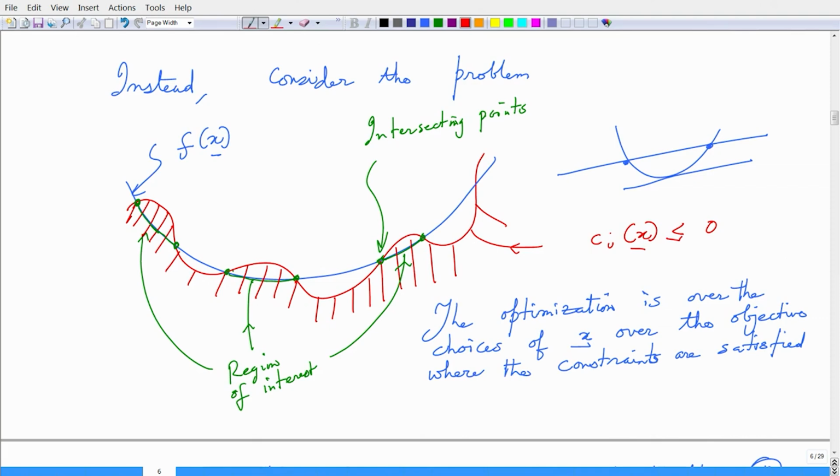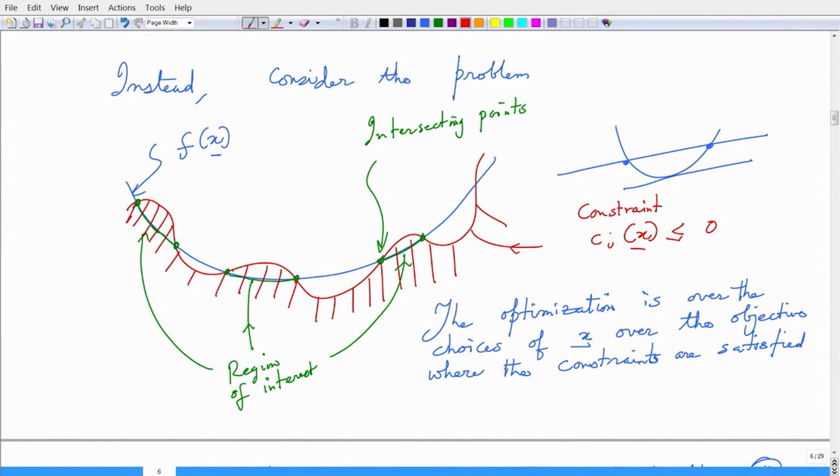Assume it is a parabola or some reasonably well behaved curve, and let us imagine that the red curve here is our constraint equation. It can be a constraint inequality if we bring in something such as Ci of x less than or equal to 0. The geometry is important for us here.